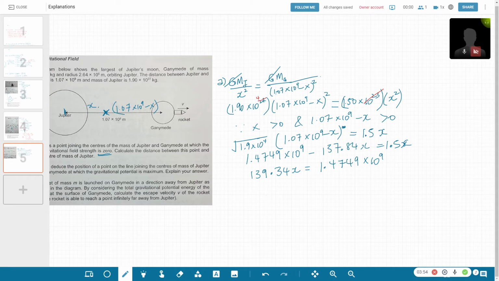I made a mistake here. This is not 10 power 9, this is 10 power 11. I copied wrongly, and the same for here.